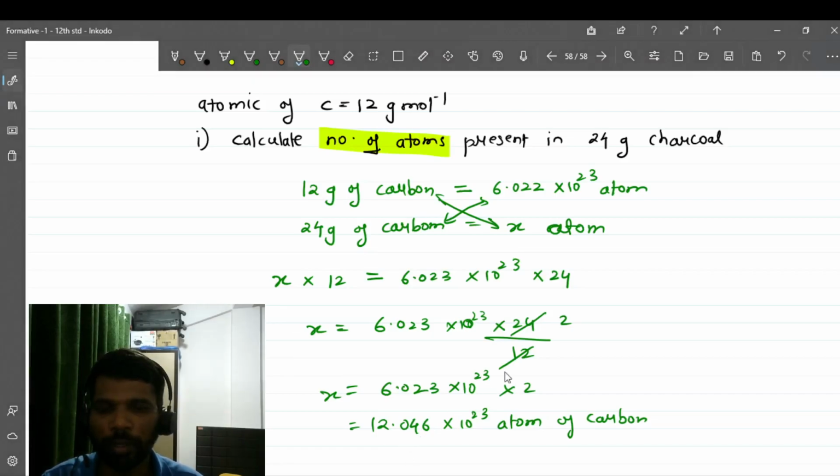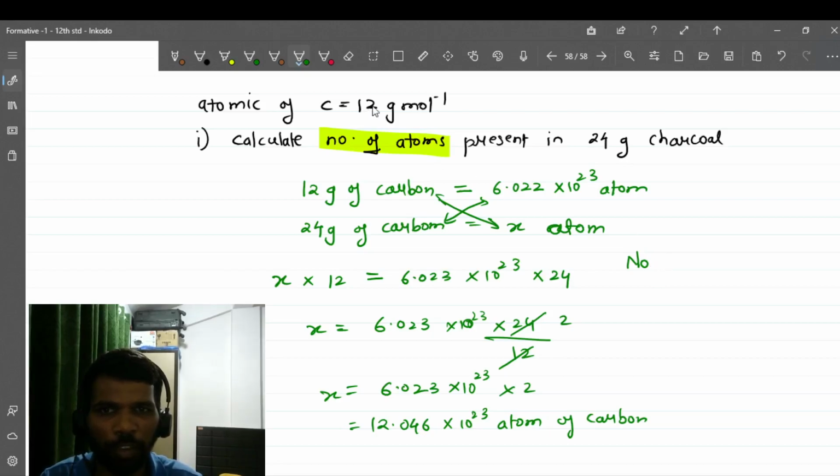So this is the whole idea. You are told to find the number of atoms in 24 grams, right? So what will the formula be when you are told to find atoms in a given amount?